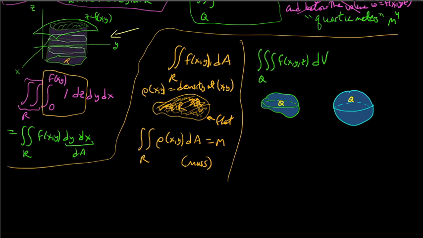You can imagine a uniformly dense sphere, where the density is the same everywhere. Or you can imagine, just like in the two-dimensional case, where different regions have different densities. Some parts are more dense than others. Let's say the solid is very dense at the center and then less dense as you go out radially.